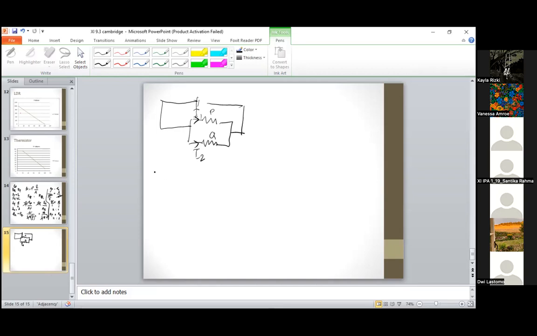Okay. RP compared to RQ is 2 compared to 1. So which is higher, RP or RQ?